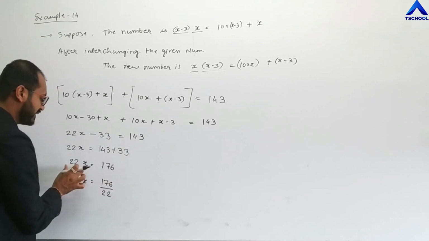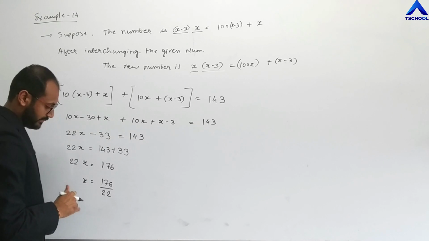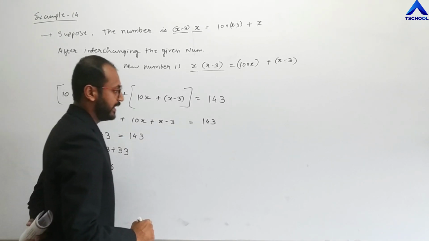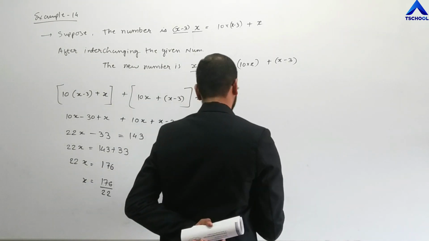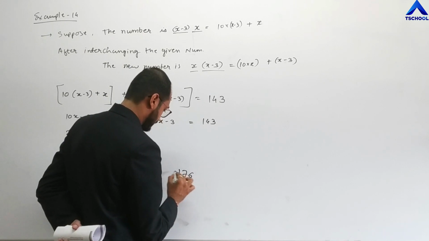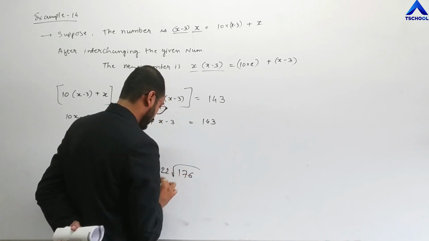Here we are doing the similar process on both sides. So 176 divided by 22. Now how do we get this simplified? Let us do here 176 divided by 22.